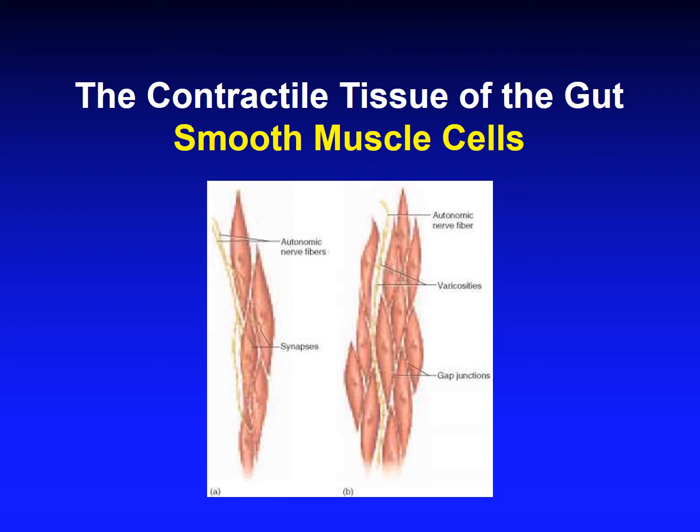So the basic unit for contraction in the gut are smooth muscle cells, and please focus on the word most. Not all of the contractile tissue of the gut is smooth muscle cells.